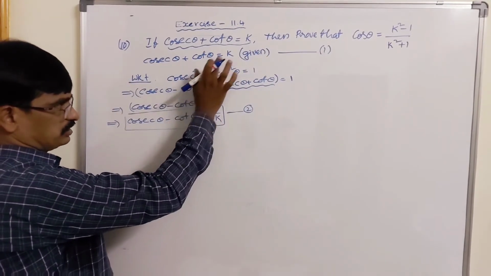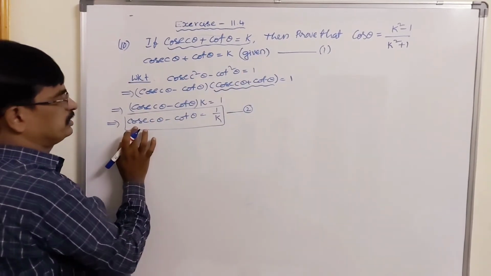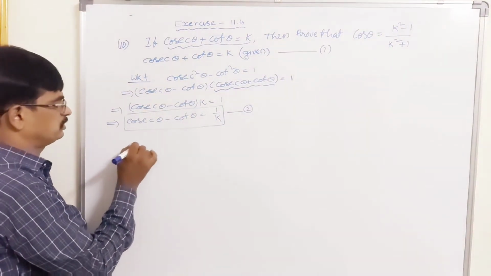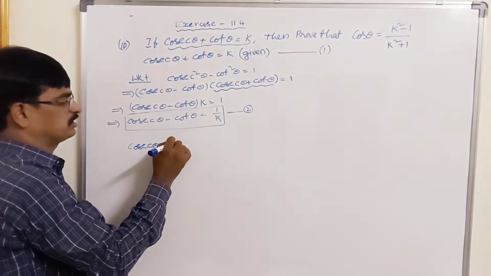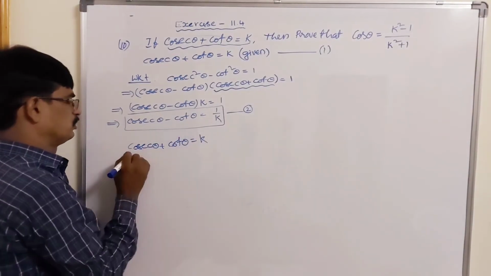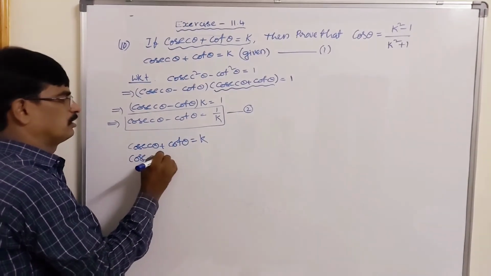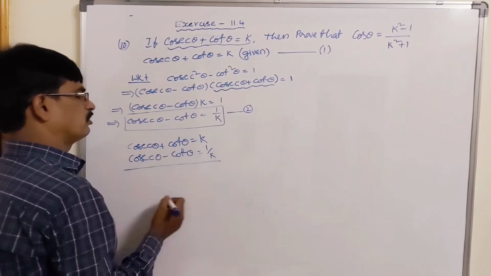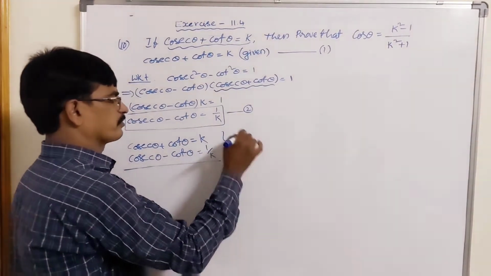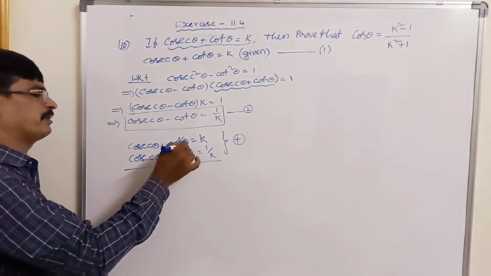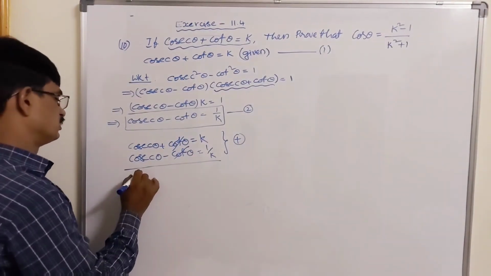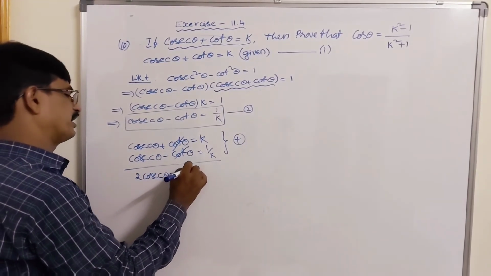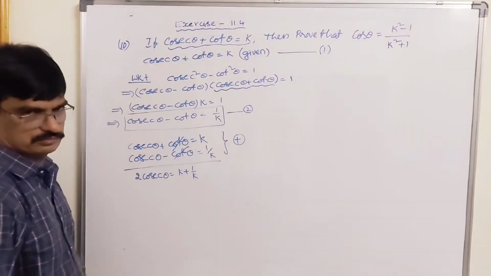Cosecant theta plus cot theta is equal to k. Cosecant theta minus cot theta is equal to 1 by k. Now by adding, plus cot theta and minus cot theta get cancelled. So 2 cosecant theta is equal to k plus 1 by k.